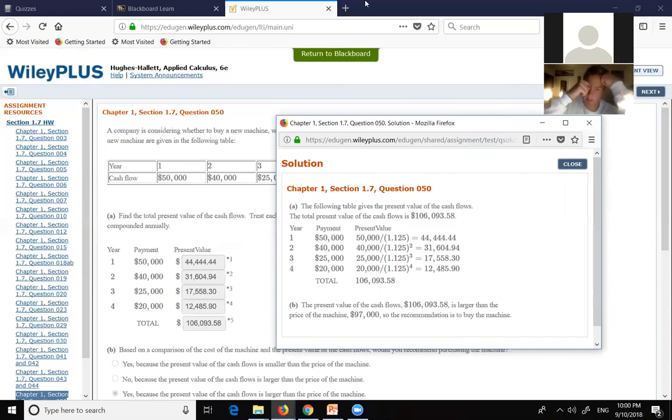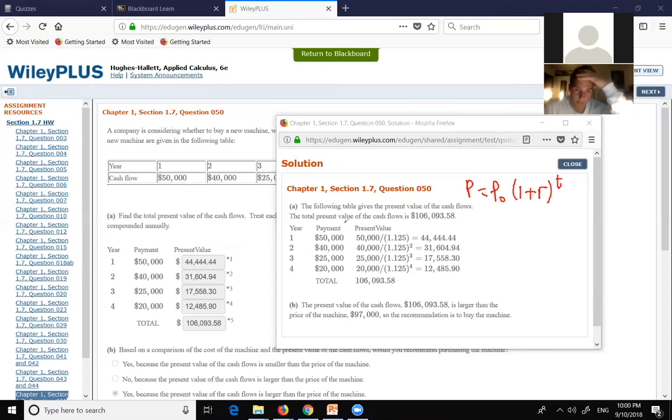P equals P naught times 1 plus R to the power T. Right, so this is the one for compounded annually. Now we are finding the present value.